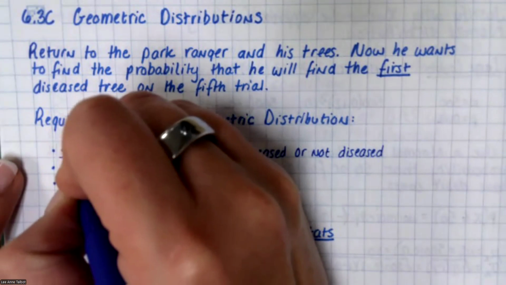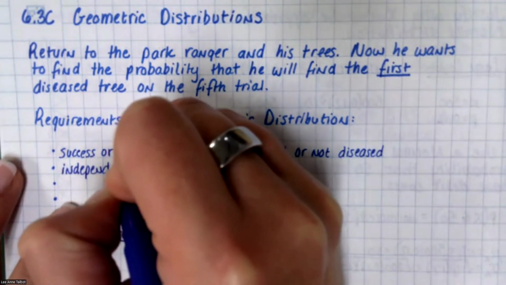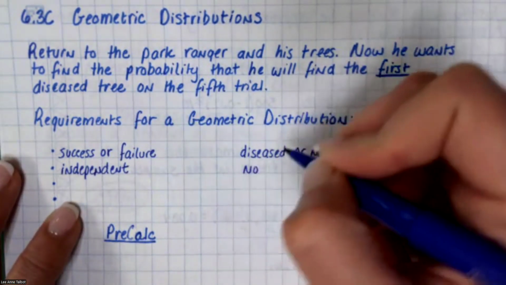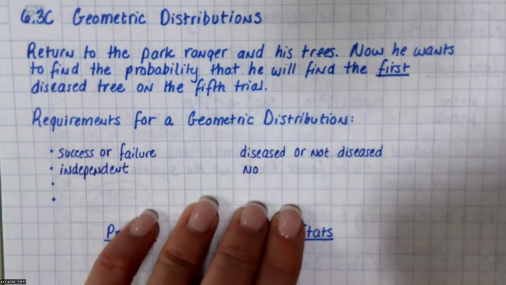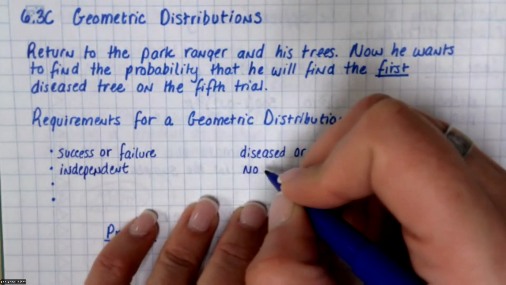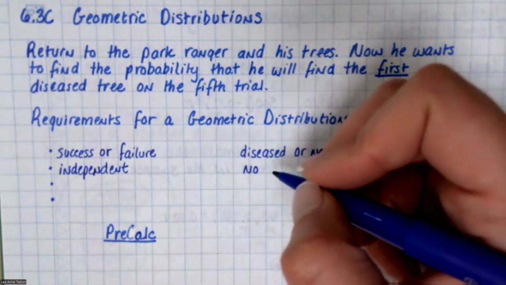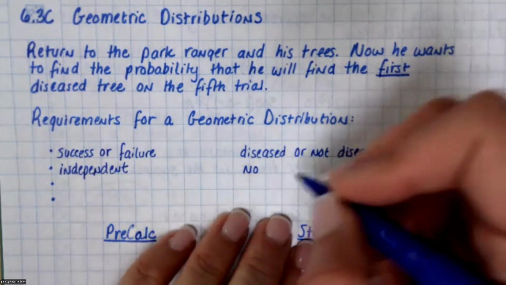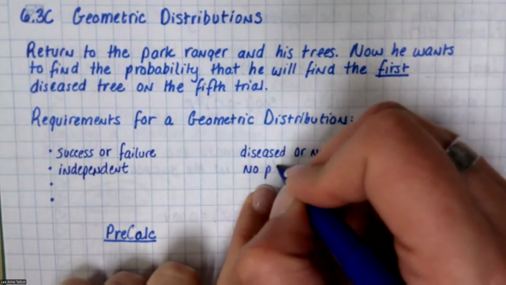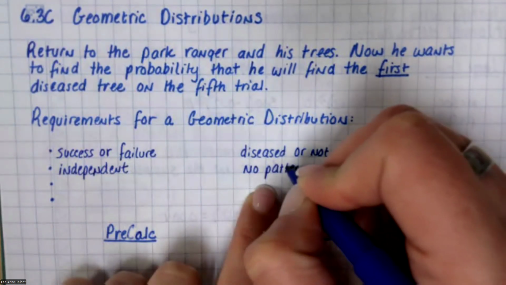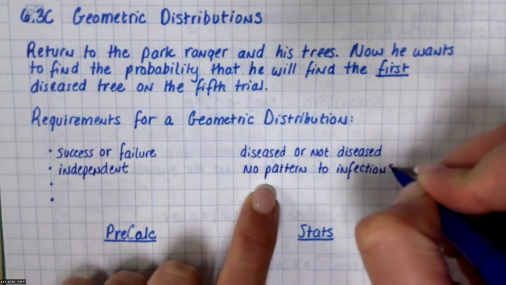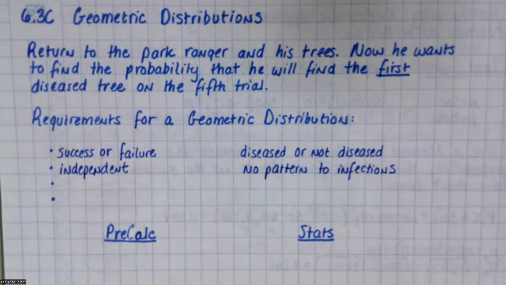Independence. Still wildly important. Remember what we learned last week, how you can get around the independence condition? Only take out less than 10% of the population for your sample. Then you can kind of cheat on the independence condition. But this time it tells you there's no pattern to the infections, so you can get independence from that statement.